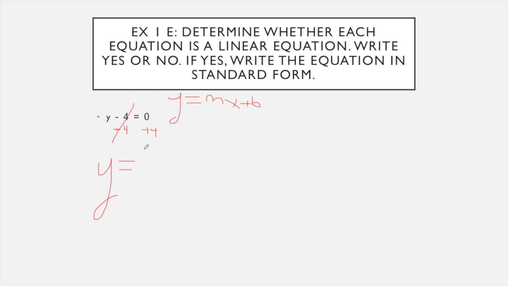So with one step, we see that y equals 4, but now we need to check, is this thing a line? So what do we notice? We notice that there is no x value, but this is actually still a line, and it's a special case of a line where there is no x value.